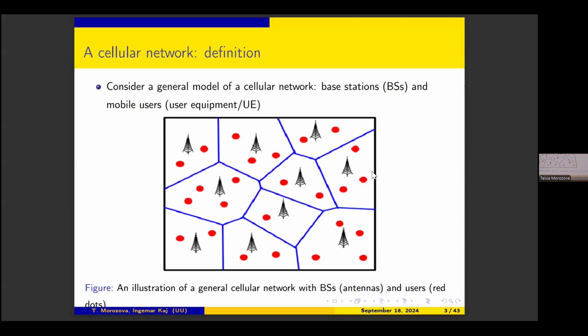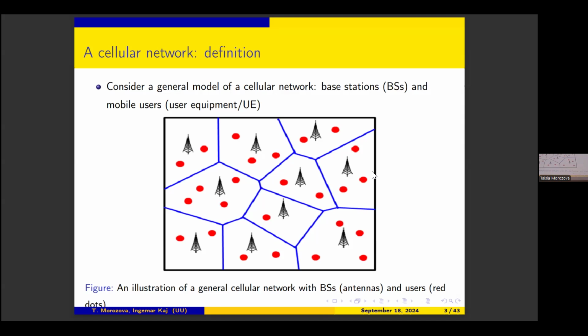Let's consider a simple example of a cellular network. We have a grid. In this grid, we have some cells, and in each cell, we have an antenna. In our model, it's only one per cell. And in each cell, you have an arbitrary number of users. The users in each cell connect to the antenna in the same cell, and they handle the signals. The users might be mobile phones, except that in our work, they're not moving.